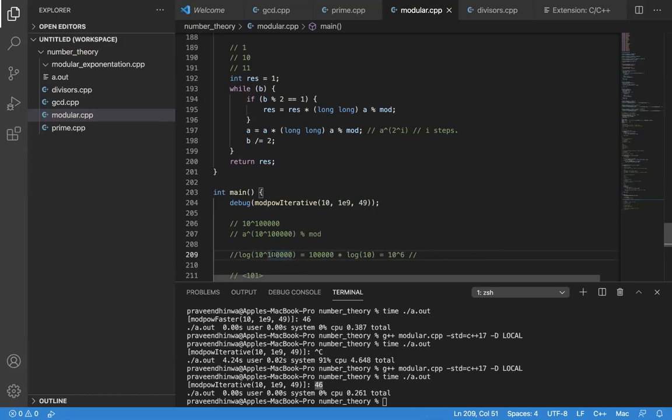If there were a single test case, you can just apply the same algorithm and use it. Do you see how you can do that? So 10 power 10,000, you can say it is the same as 2 power 10,000 times 5 power 10,000.